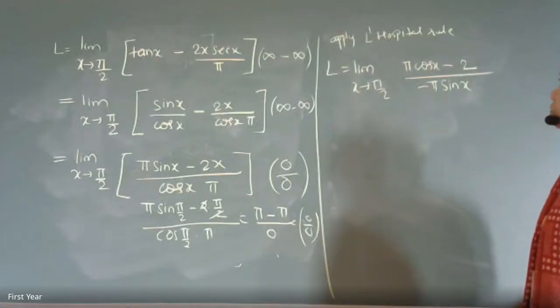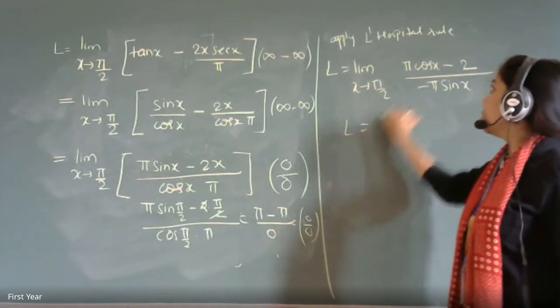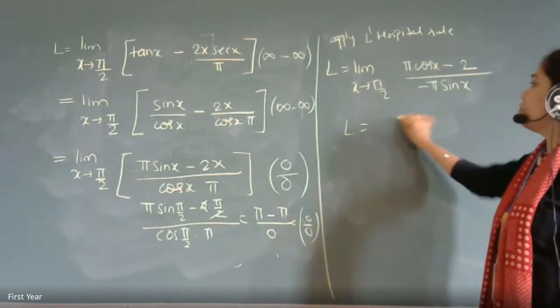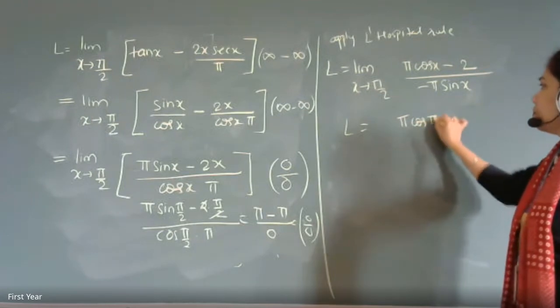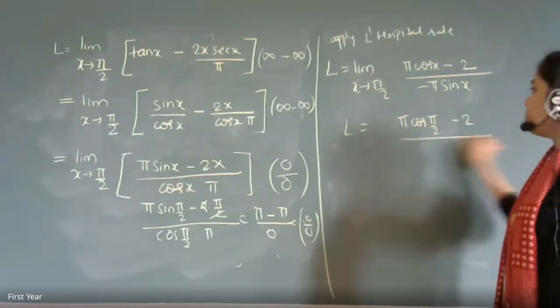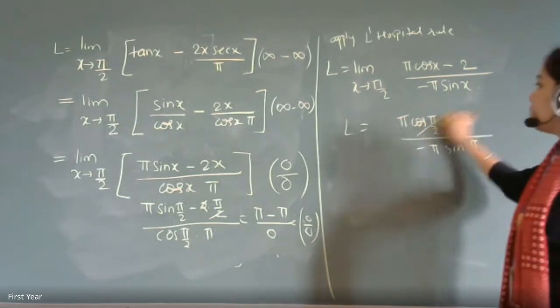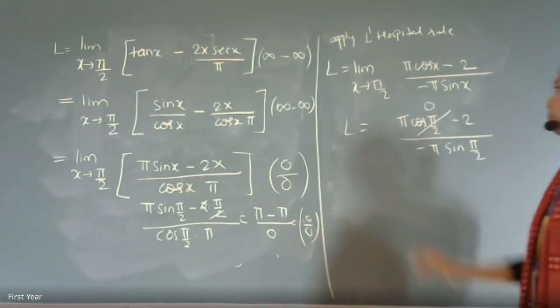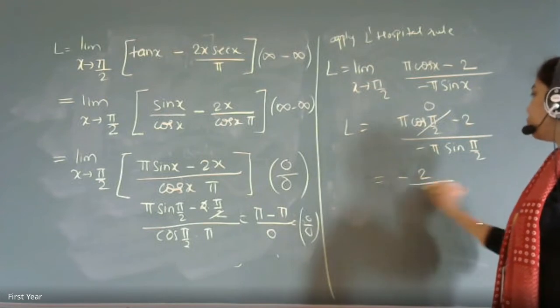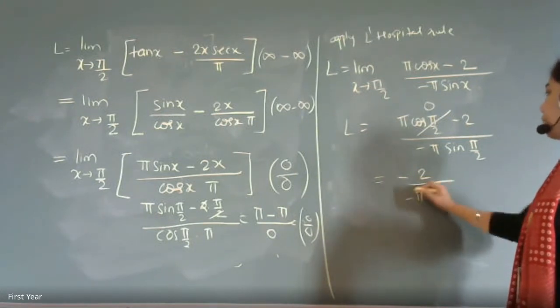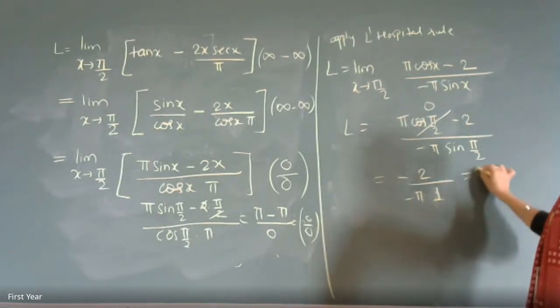Now put the value of x is equal to pi by 2. So L becomes pi cos of pi by 2 minus 2 upon minus pi sin pi by 2. Cos of pi by 2 is 0. So first term will become 0. So minus 2 upon minus pi, sin pi by 2 is 1. So answer is 2 by pi.